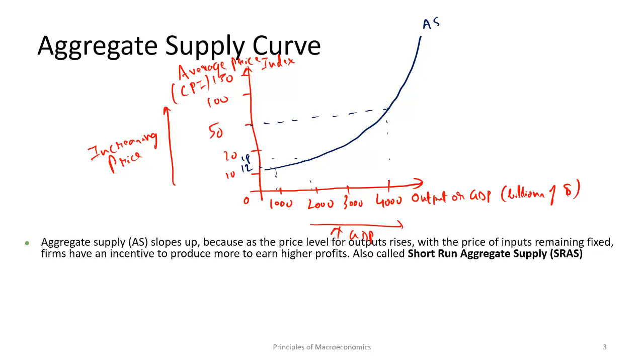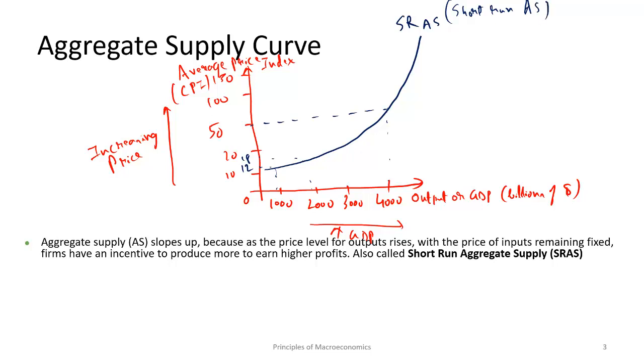So here's the thing. Aggregate supply slopes up because the price level for outputs rises with the price of inputs remaining fixed. Firms have an incentive to produce more to earn higher profits. This is also known as short-run aggregate supply.